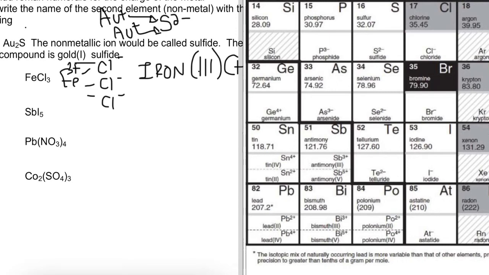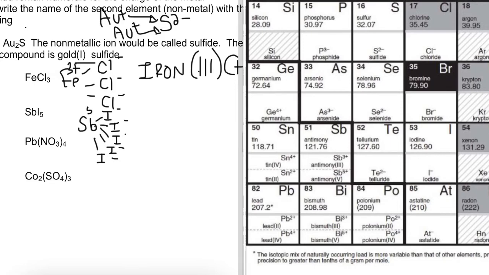SbI5. It's kind of a weird element. I'm just going to draw this out. Sb, and we have 5 I's. We know iodine is all negatives, so Sb is giving up 5 electrons.